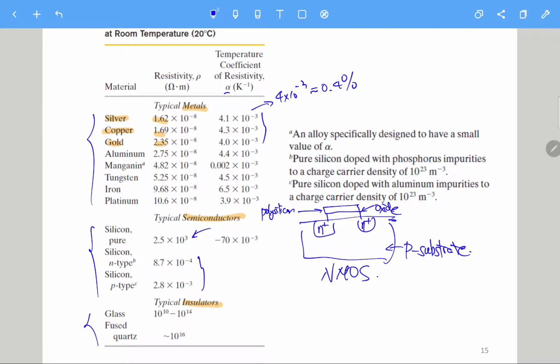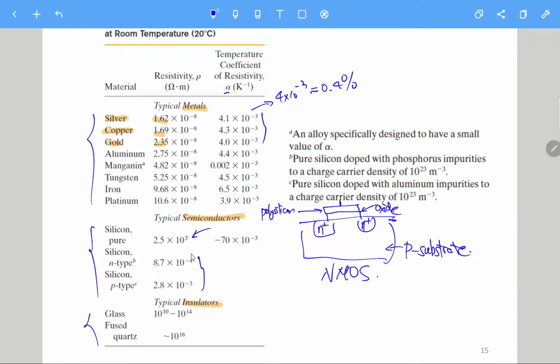In this case, if we can change the potential at this point, then this voltage or potential can vary the resistance between this, called the drain, and this, called the source. And this can vary the current going through. In this way, we can use this kind of circuit device to do logic calculation or even more complicated computation.